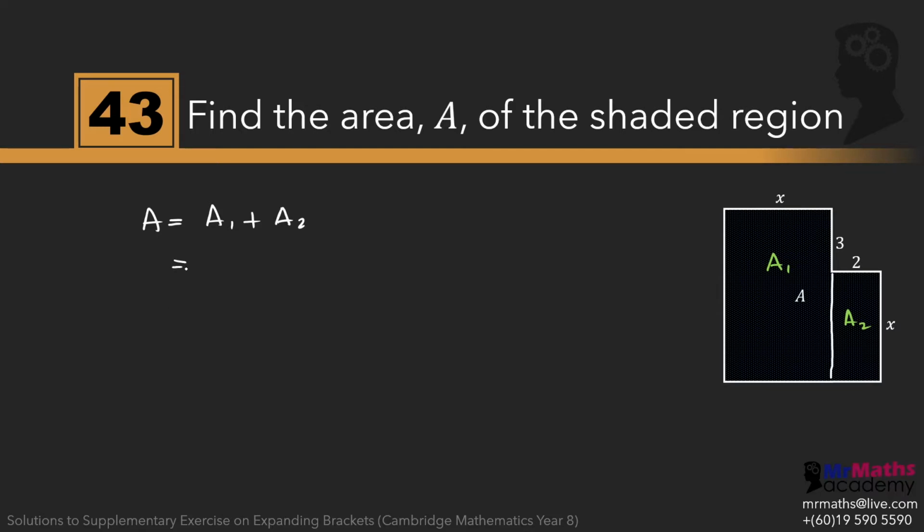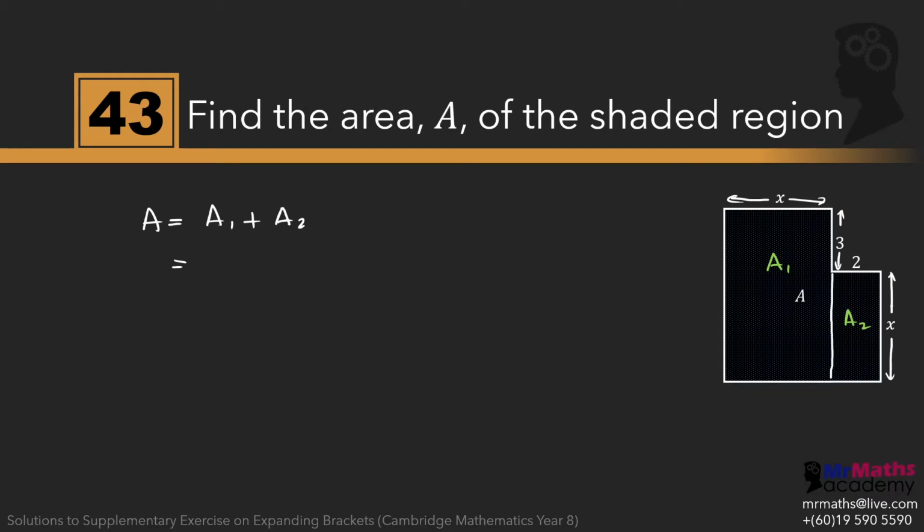So how do I find A1? Well, for A1, the width is x. What about the length? The length of the first rectangle on the left is not given, but we can make it up by adding this length, which is 3 units, and this length x.